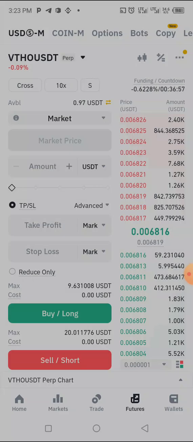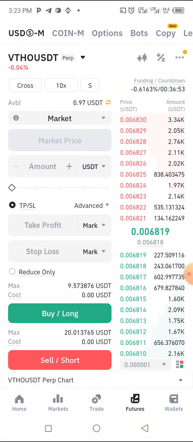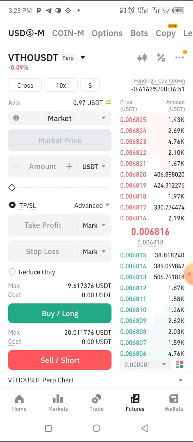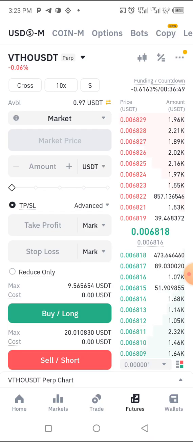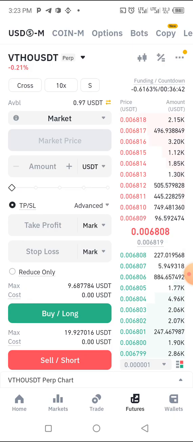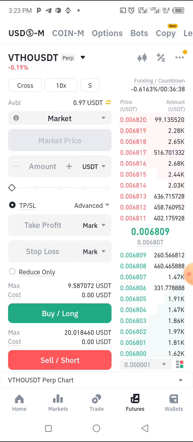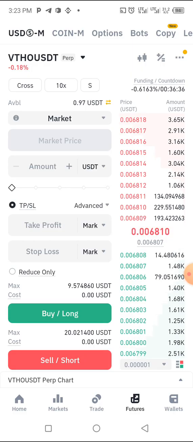Imagine you deposited $50 here and it is on cross, and you used $25 to enter the trade. At a point in time when the money that you used to stake exhausts, it will enter the existing money in your account balance and take that money too.